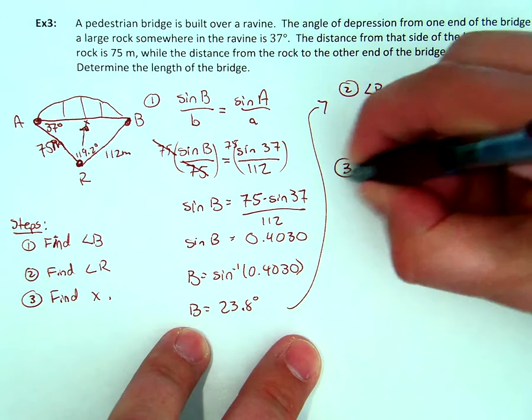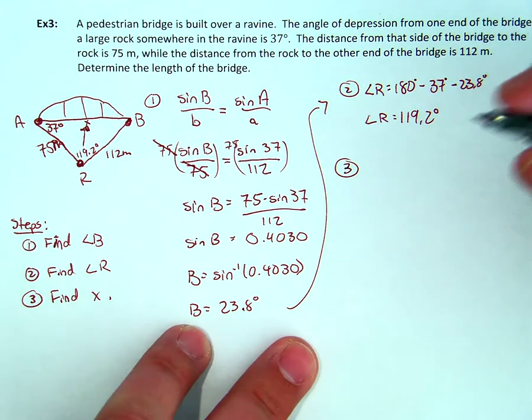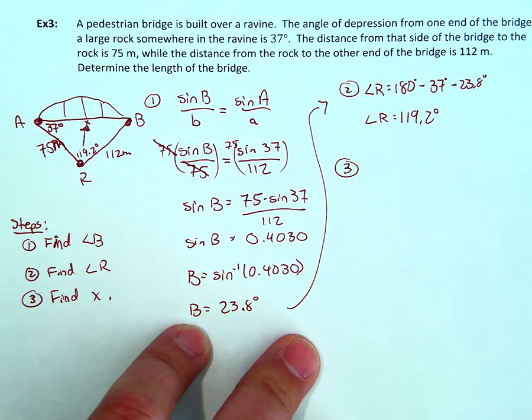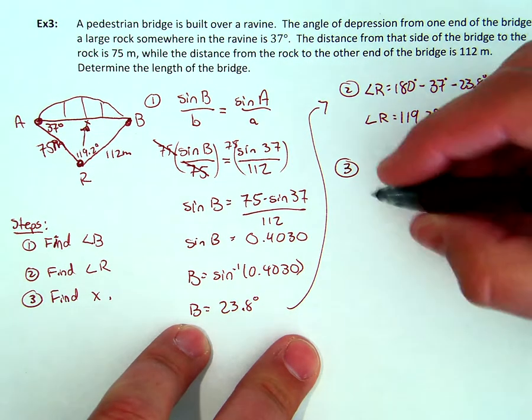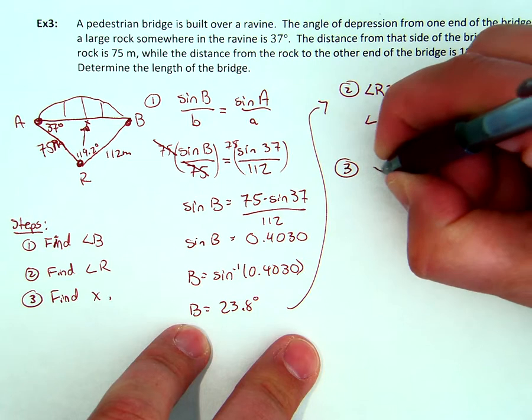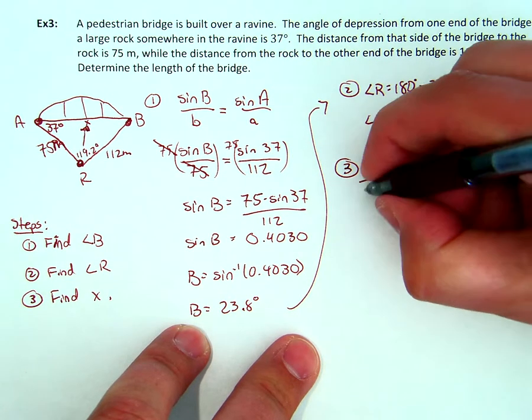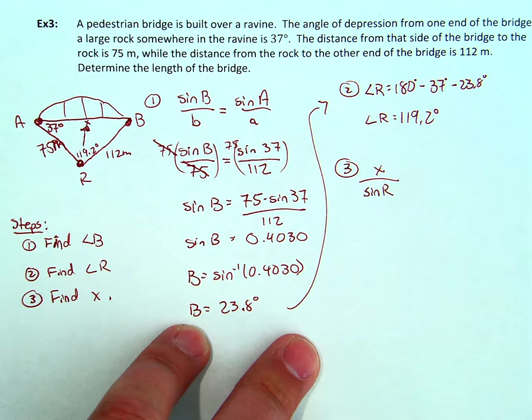So step 3, finding x. So I'm just going to flip the sine law. You can do that as long as you flip both sides, because it's written both ways. So x over sine R. So those are the two that are across from each other.